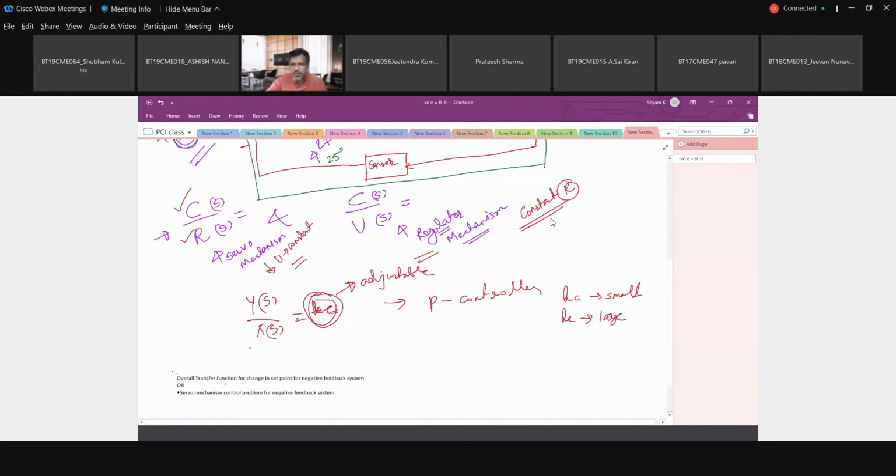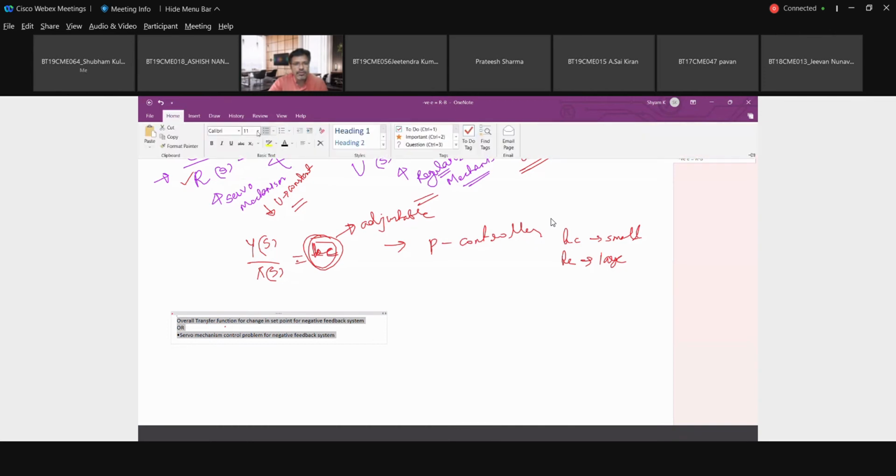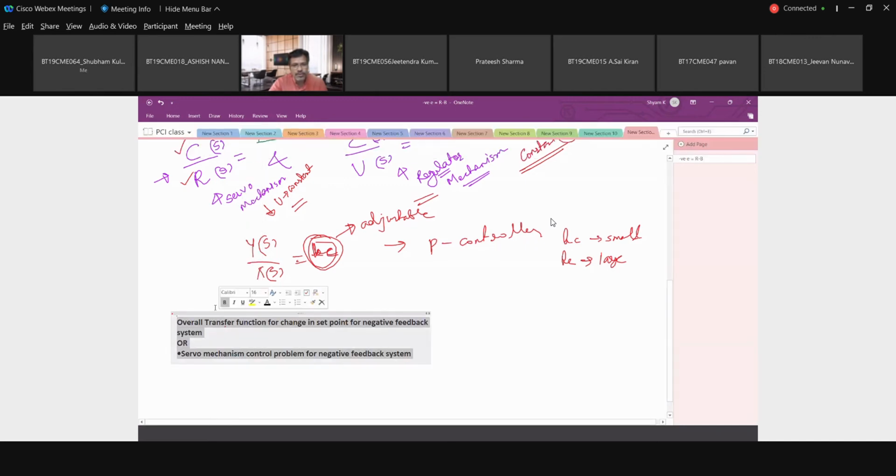Is this visible? Overall transfer function. ये क्वेश्चन है. Okay. Overall transfer function for change in set point for negative feedback system or servo mechanism control. Is this visible?